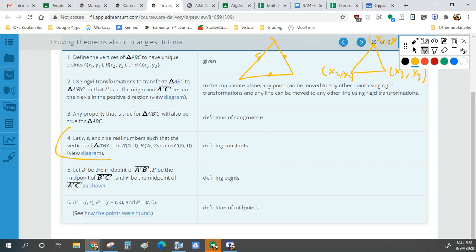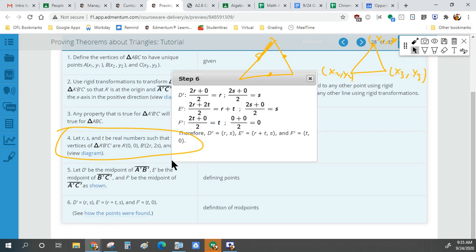Right here. Let these be real numbers, and they're saying what's happening here. So they're going to double the size, making it that. Let D and E be midpoints, defining the points that we've found.